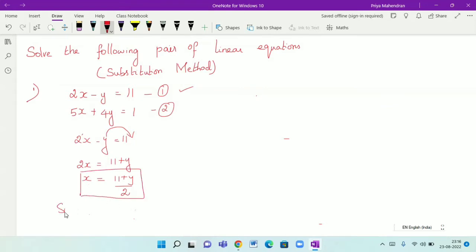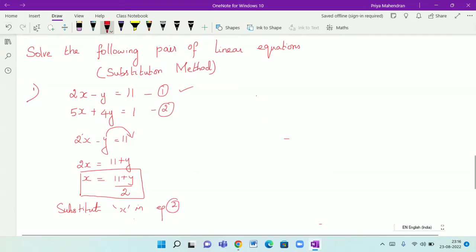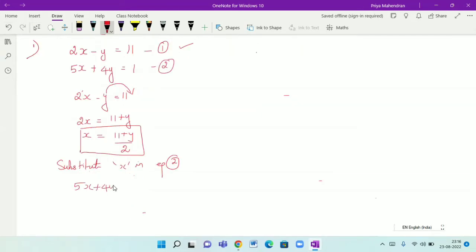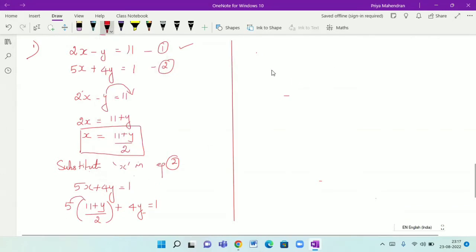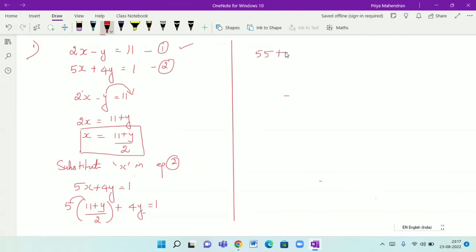Now you have to substitute x in equation 2: 5x plus 4y is equal to 1. If you substitute for x, you will get 5 times (11 plus y) by 2 plus 4y is equal to 1. I'm going to evaluate the brackets. So 11 times 5 is 55 plus 5y by 2 plus 4y is equal to 1.